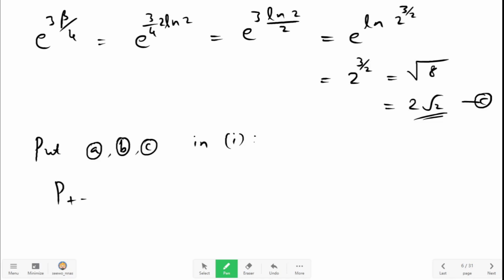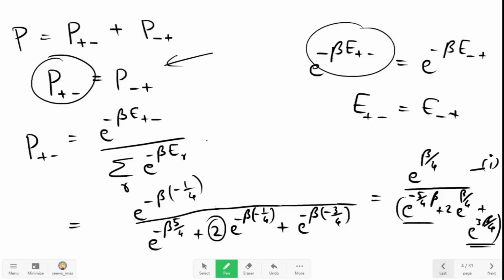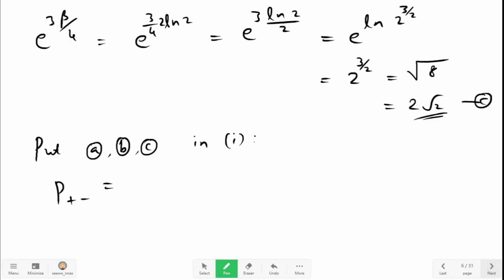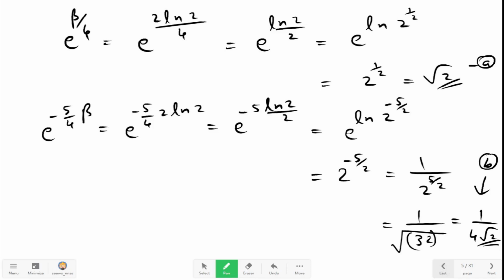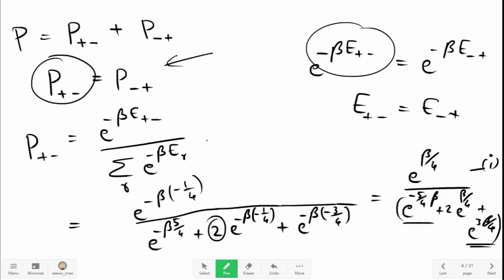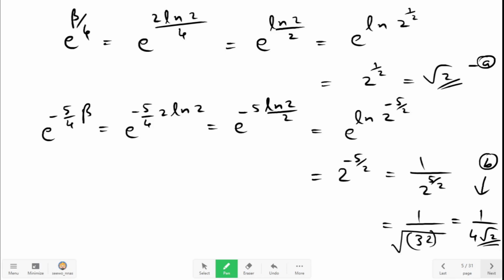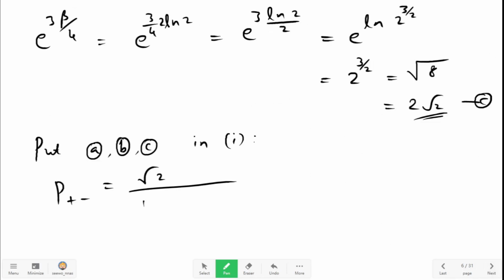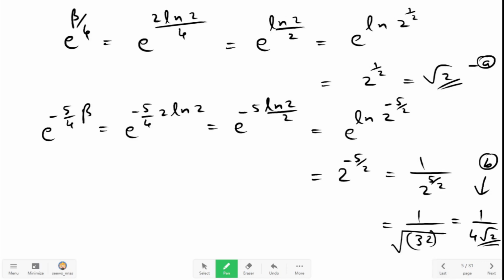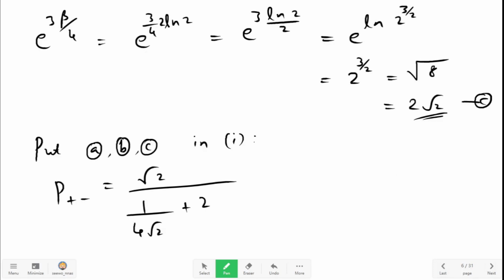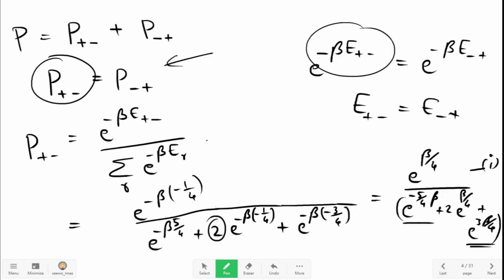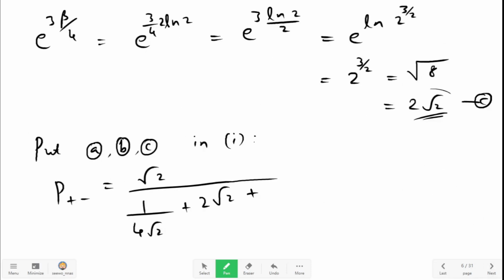P plus minus is equal to e raised to beta by 4, which is root 2, divided by e raised to minus 5 by 4 beta, which is 1 by 4 root 2, plus 2 times e raised to beta by 4, which is root 2, plus e raised to 3 beta by 4, which is equal to 2 root 2.